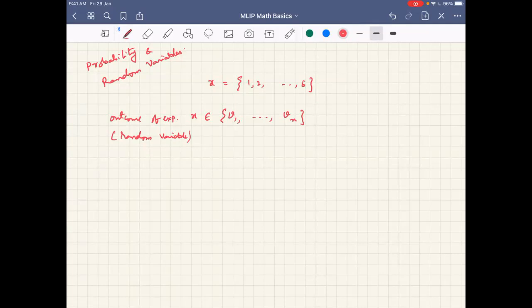What kind of random variable is this X? In this example, it is a discrete random variable. And if I want to characterize this X, what is the procedure we use?